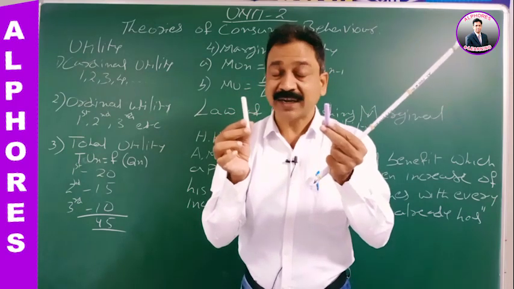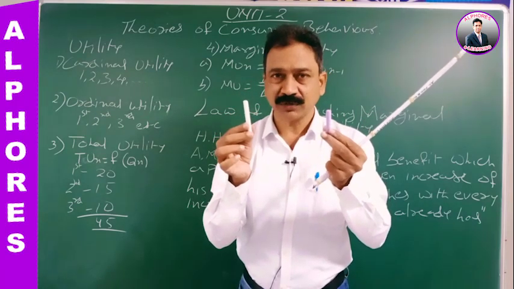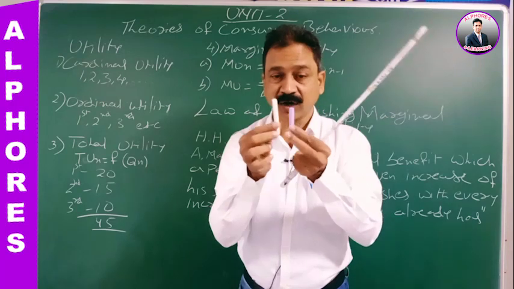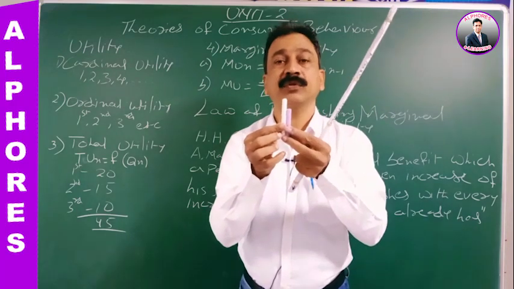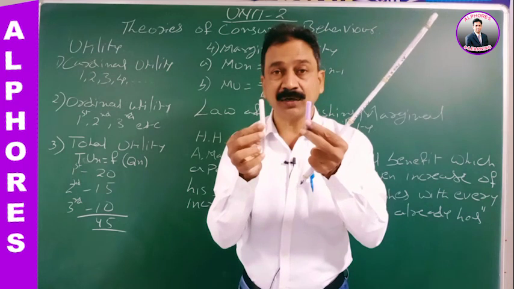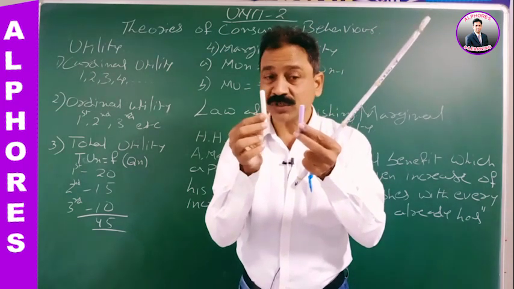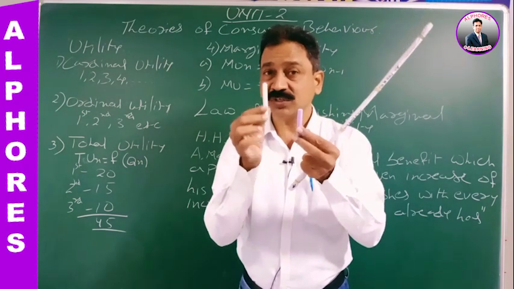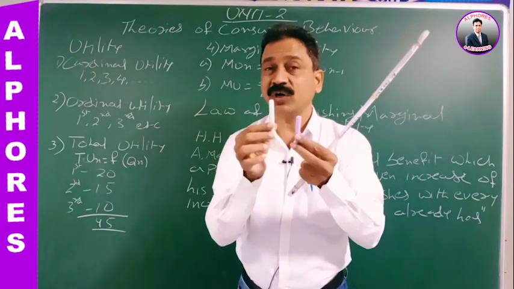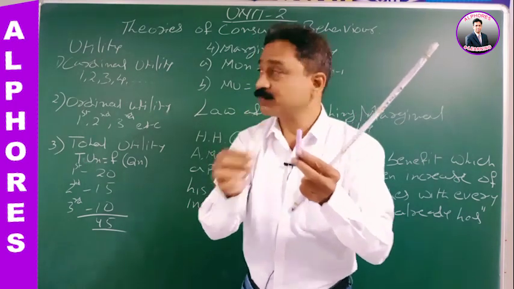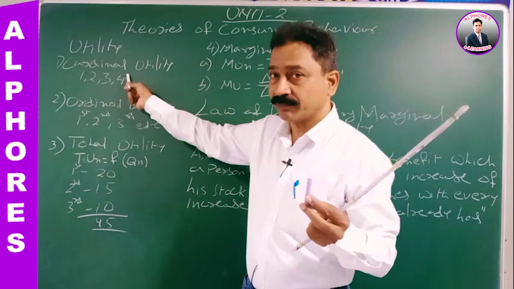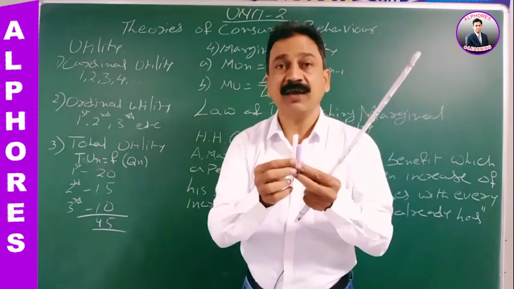See, it can be compared but not exactly measured. How much smaller or how much bigger? You can make a comparison: this is smaller, this is bigger. But how much smaller, how much bigger, we are not making an exact measurement, which is possible in cardinal utility and not possible in ordinal utility.